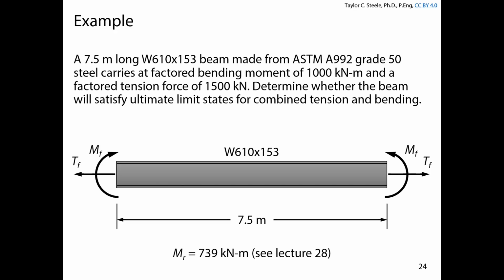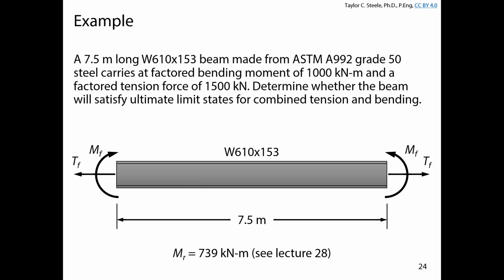So TF over TR plus 0.85 MF, which is 1,000. If we're going to go into Newton millimeters, we multiply by 10 to the 6. Divided by, and I suppose I could have left this in kilonewton meters, but we've got MP, which is 1587, so phi Zx Fy is 0.9 times 1587, in 10 to the 6 Newton millimeters.